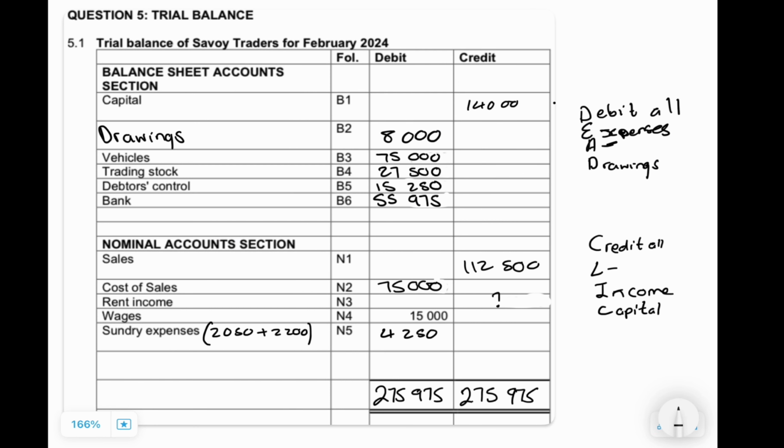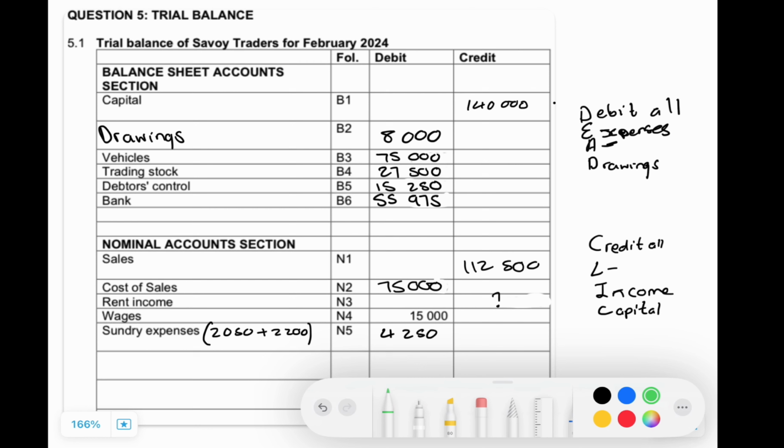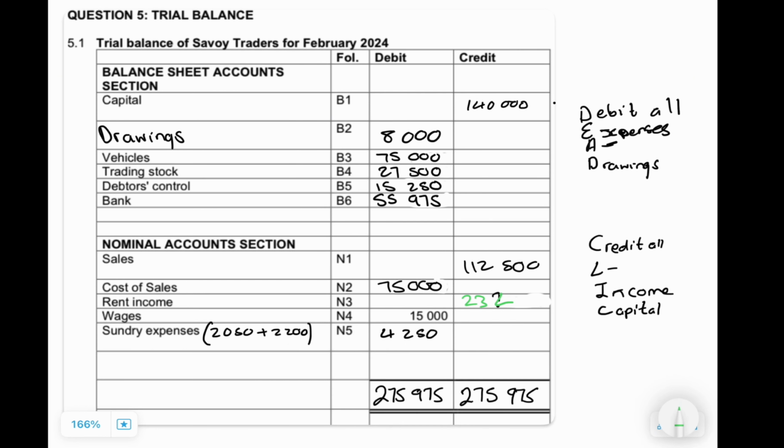And then you are going to subtract the two amounts that you have on your credit side: 275,975 minus 140,000 minus 112,500 gives 23,475. So here's your trial balance. It balances. If you add the credit side, it will give you the total that you have down there.